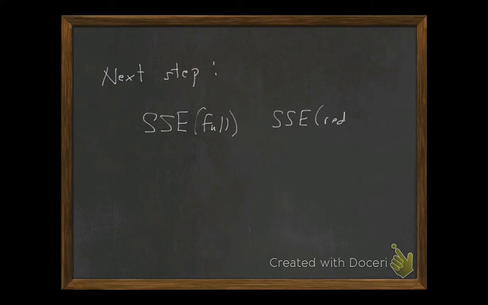So guys, the logical next step is to compare the error sum of squares for our full model with the error sum of squares for our reduced model.